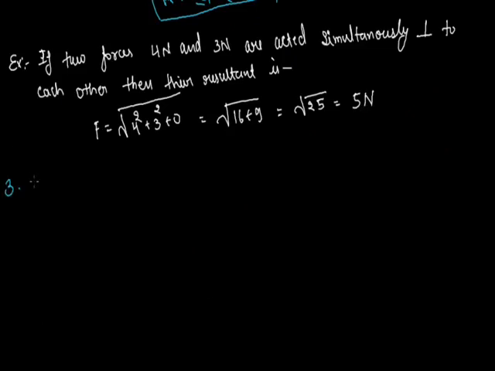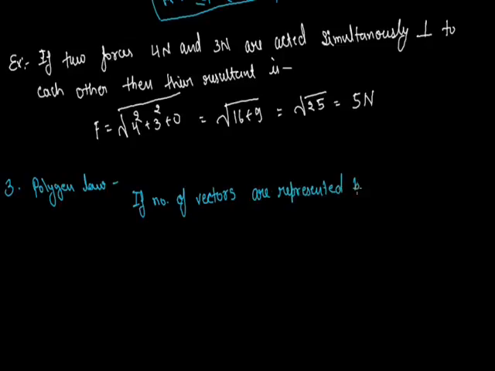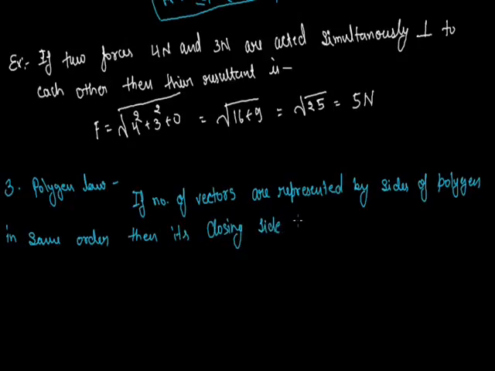The third one is polygon law. According to this law, if a number of vectors are represented by sides of a polygon in same order, then its closing side represents their resultant vector.